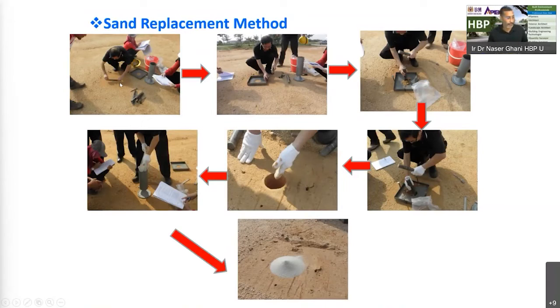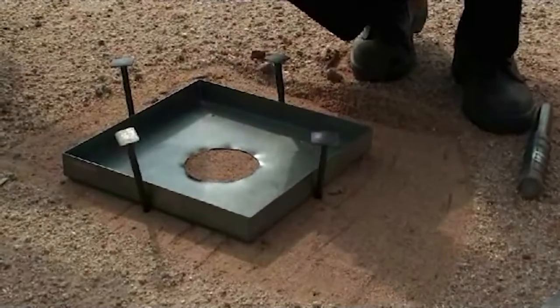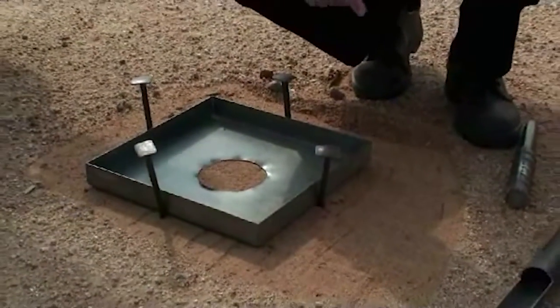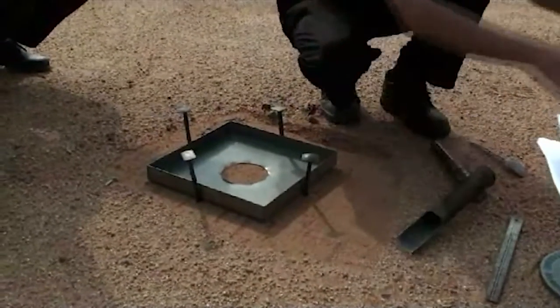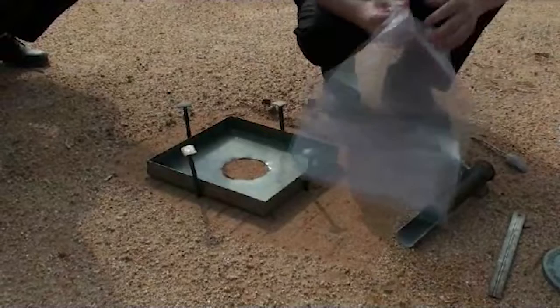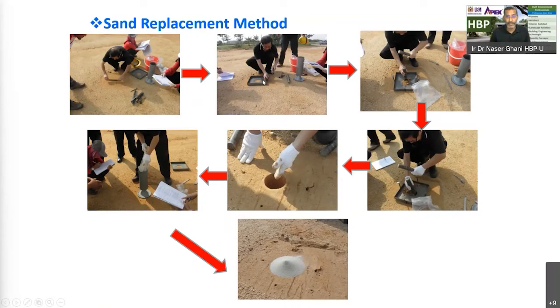You can see this is our technician here, Mr. Ui, preparing to collect the soil, and then he will fix some adapter so that it can create a circular hole just to fit the cone of this sand container. You can see this cone here, down here.